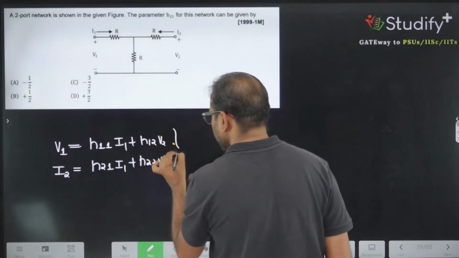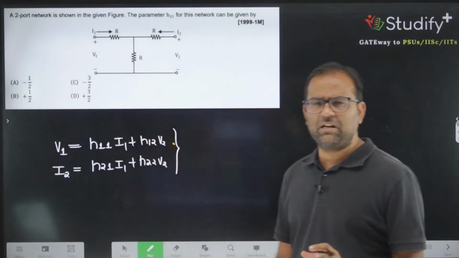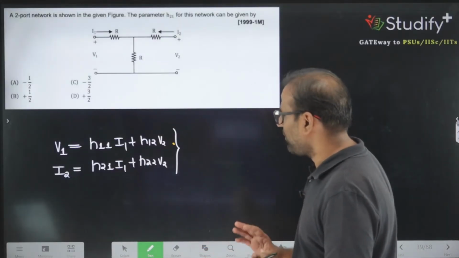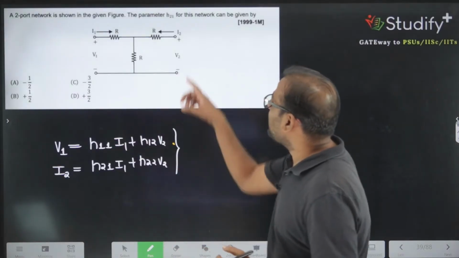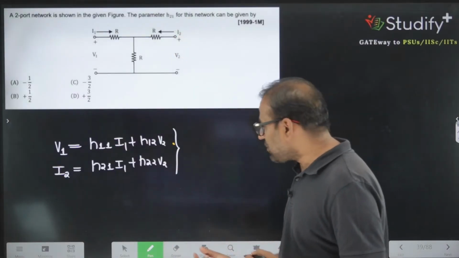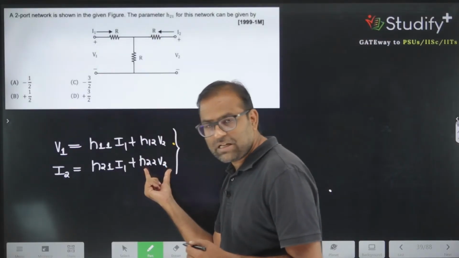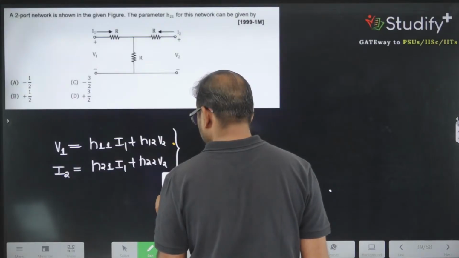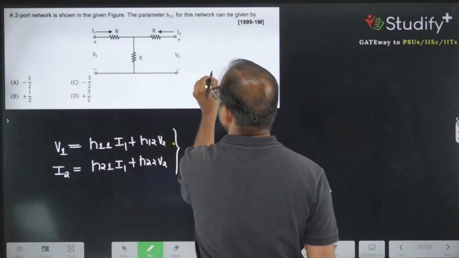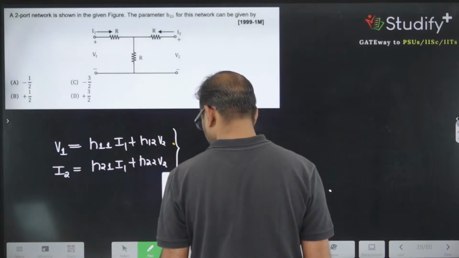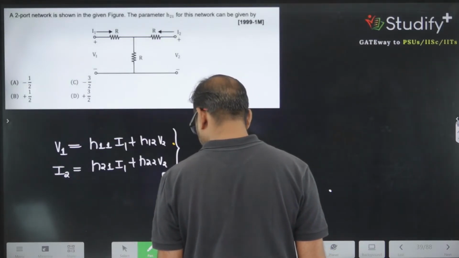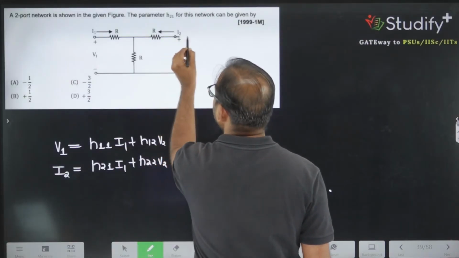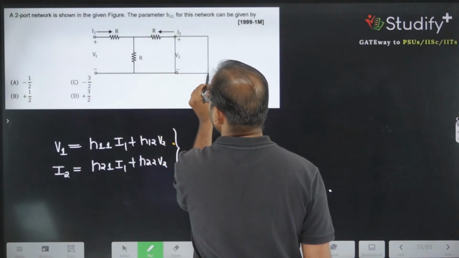This is our H parameter. A basic KVL can address this problem. They are asking for the H21 parameter. For H21 we have to apply a short circuit at V2. So let's apply a short circuit at V2. We are replacing our V2 by a short circuit.